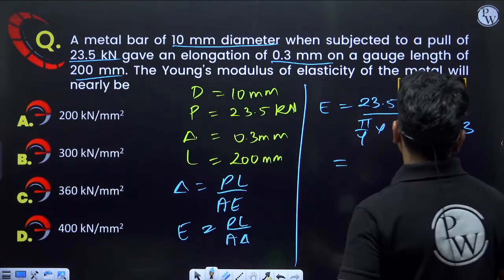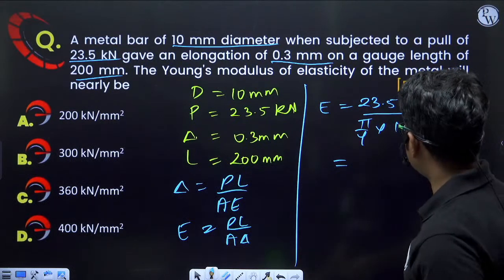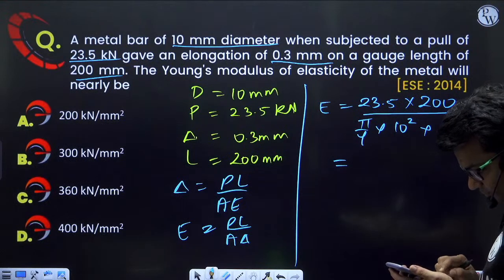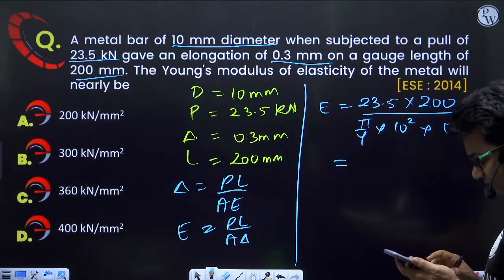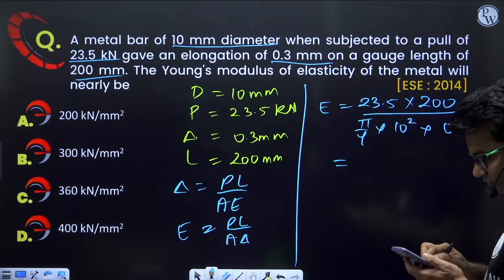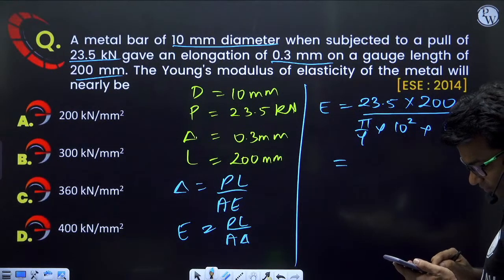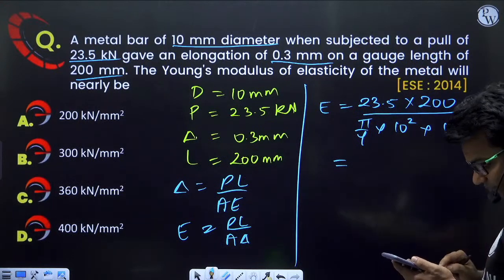Okay, so let us see what we will be getting. 23.5 into 200 into 4 whole upon pi into 100 into 0.3, that means 30.